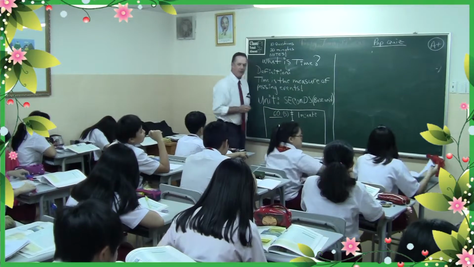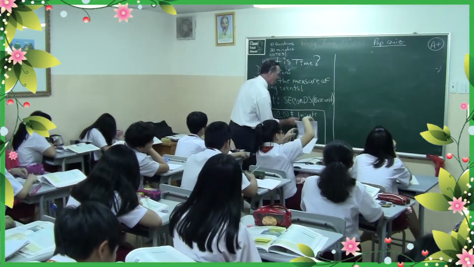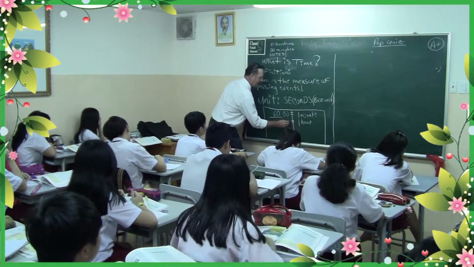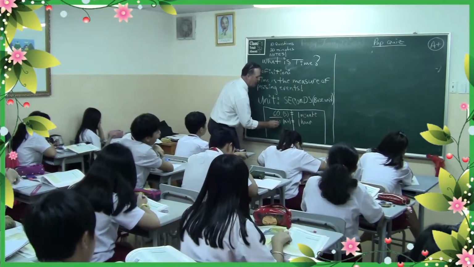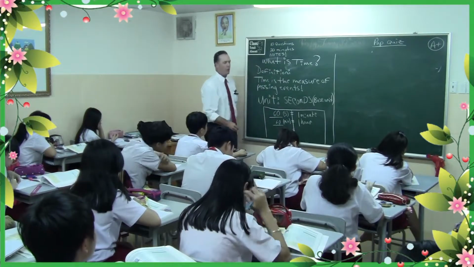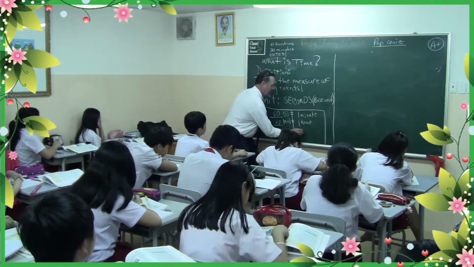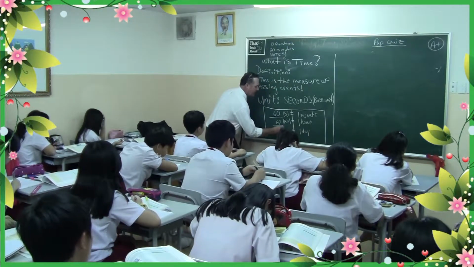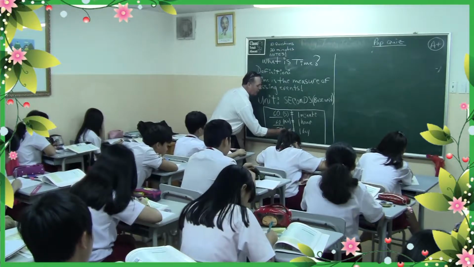Next one. How many minutes are there in 1 hour? 60. So we go to minutes and we have 60. Ooh, you guys are good so far. All right, we're going to go one more. 1 day. 24 hours. Wow, you guys are good.